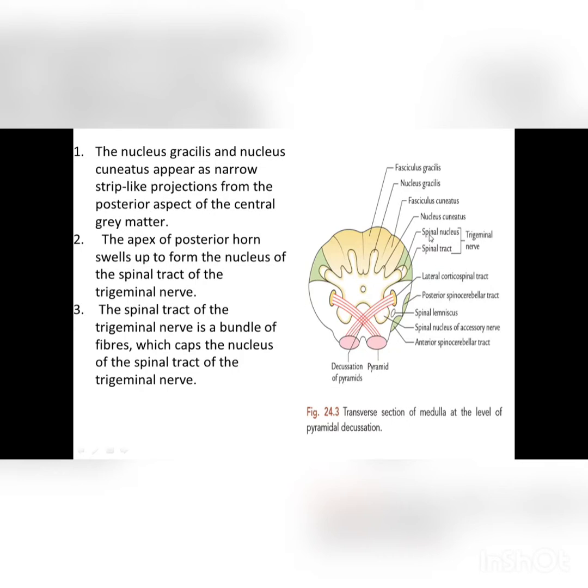So we can see here the apex of the posterior horn swells up to form the nucleus of the spinal tract of the trigeminal nerve. The spinal tract of the trigeminal nerve is a bundle of fibers which caps the nucleus of the spinal tract of the trigeminal nerve.